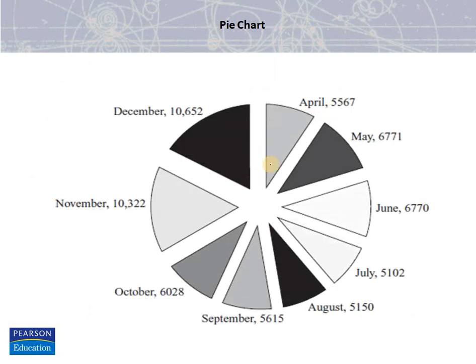Then pie chart is nothing but distribution of variables or any data in the form of a pie. This is represented in absolute terms. This can also be represented in percentage terms or proportion terms. And the benefit of this pie chart is that it can be colorful, which will help for visual interpretation of data.